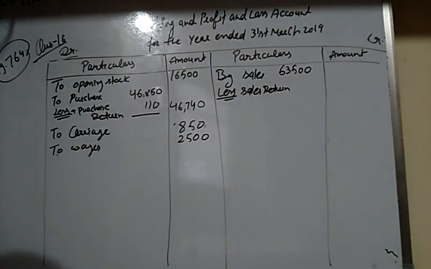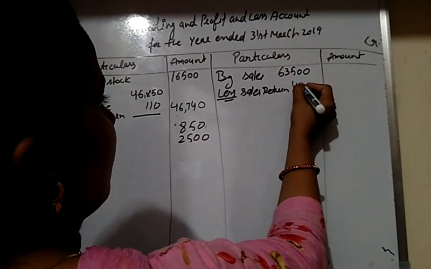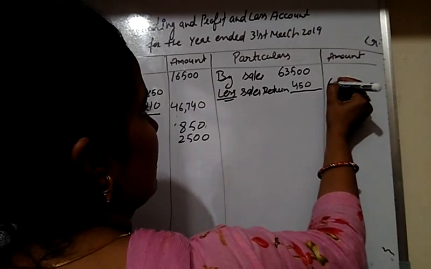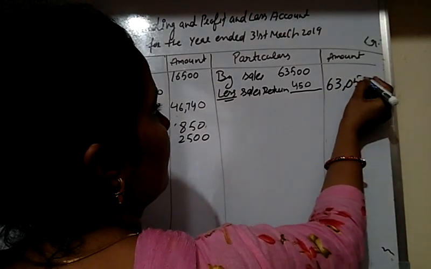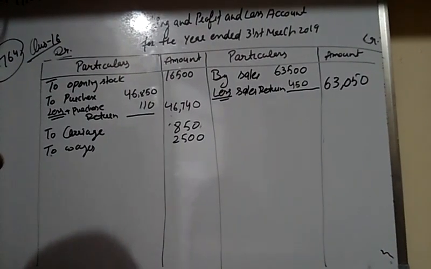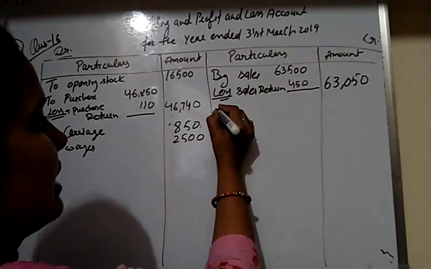The value of sales return given in your question is 450. After deducting sales return from sales, the net sales is 63,050.